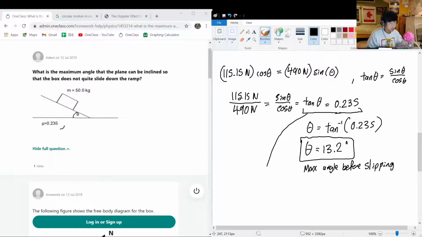So this whole process we showed is how this was originally derived, and if you get a type of situation like this on the exam, you're probably going to need to show your derivation. But this is the definition of the coefficient of static friction.